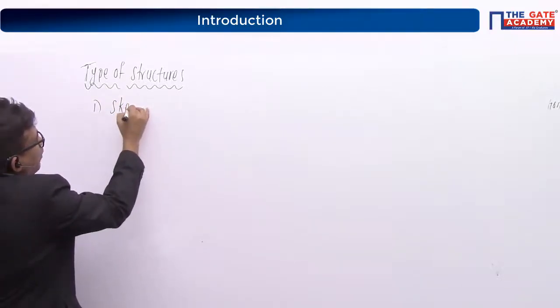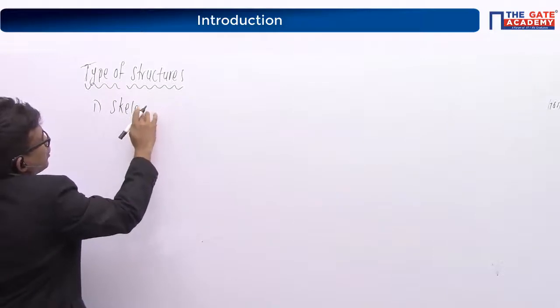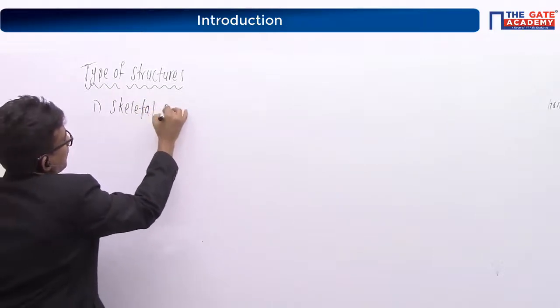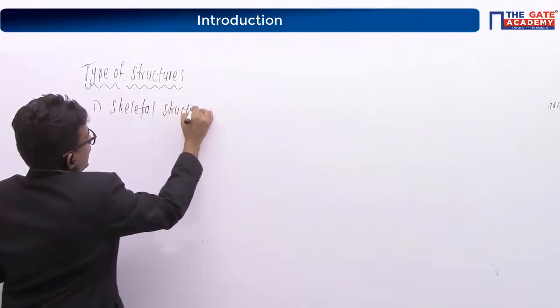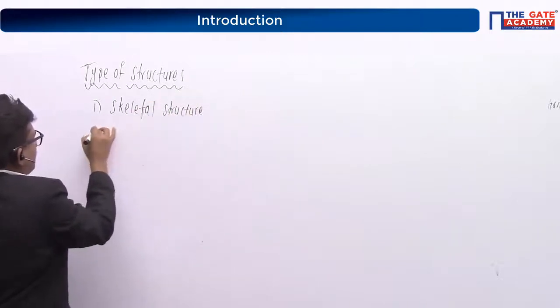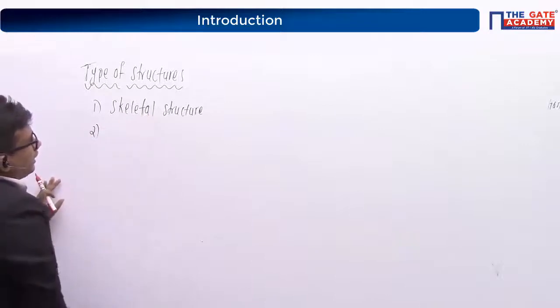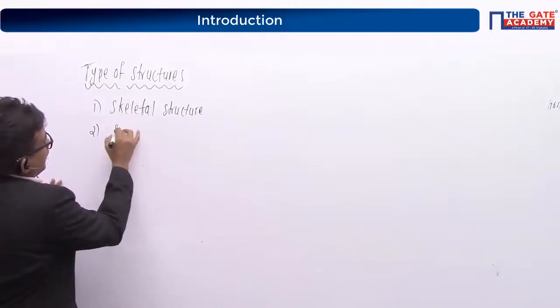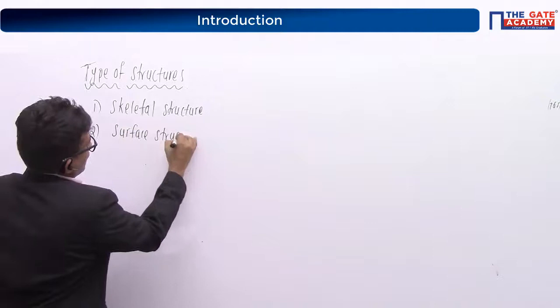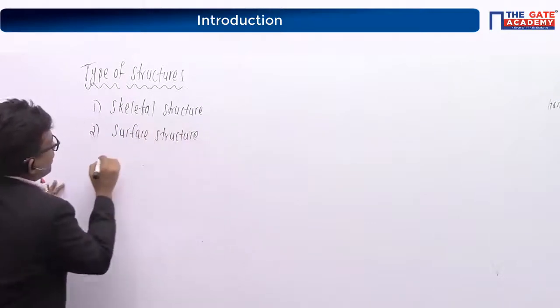First one is our skeletal structure. This is one of the important classifications. I have to mention 2-3 important points here, that's why I am taking it as the first one. Second one is our surface structure.